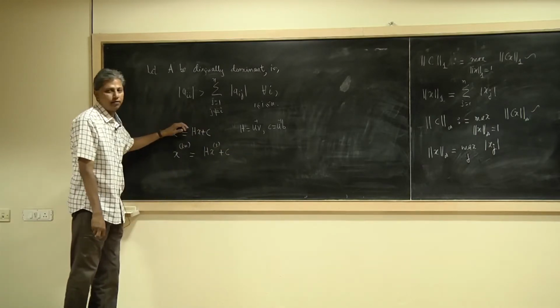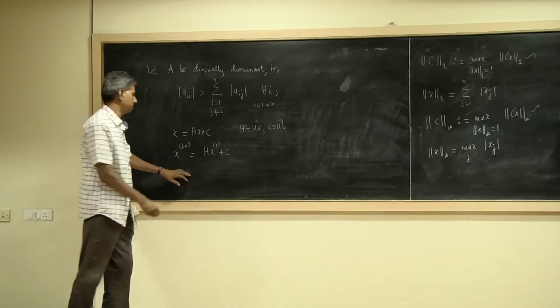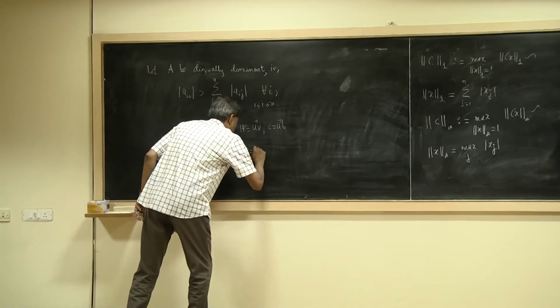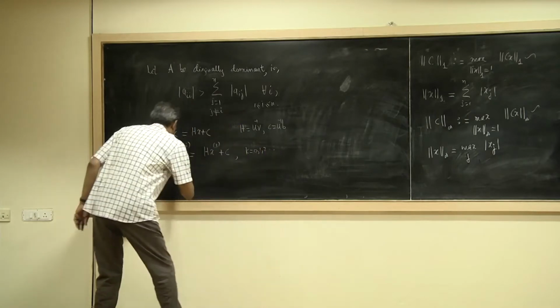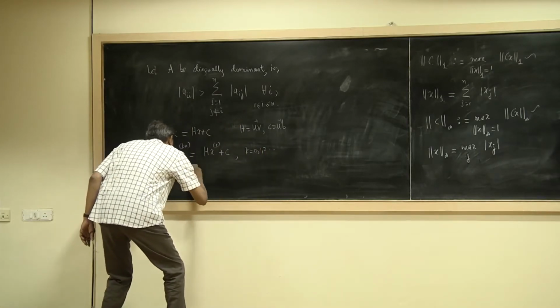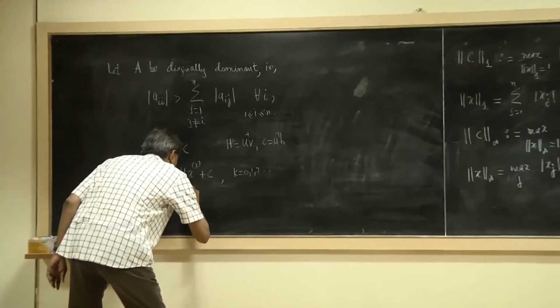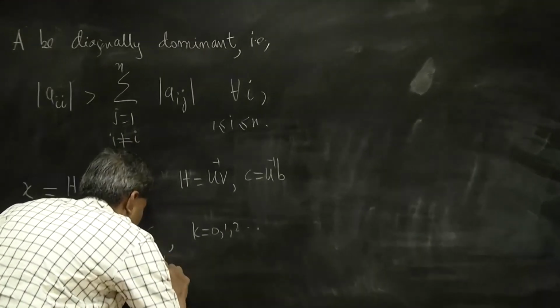So a fixed point equation gives rise to an iterative scheme starting with some initial vector, k equal to 0, 1, 2, 3, etc. Given an initial vector x0.